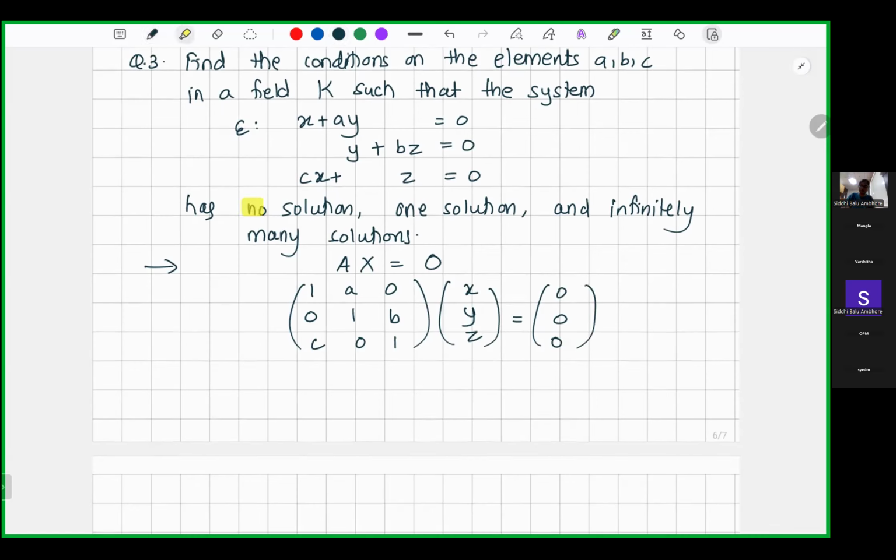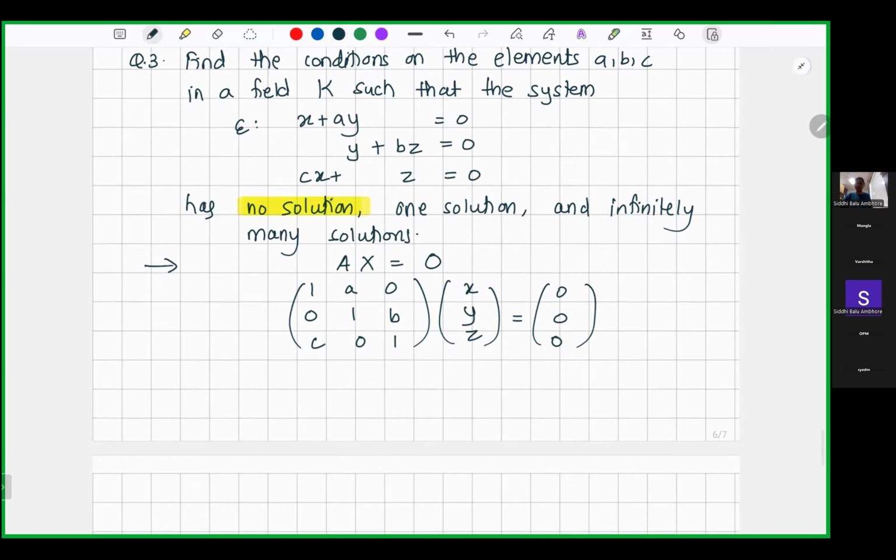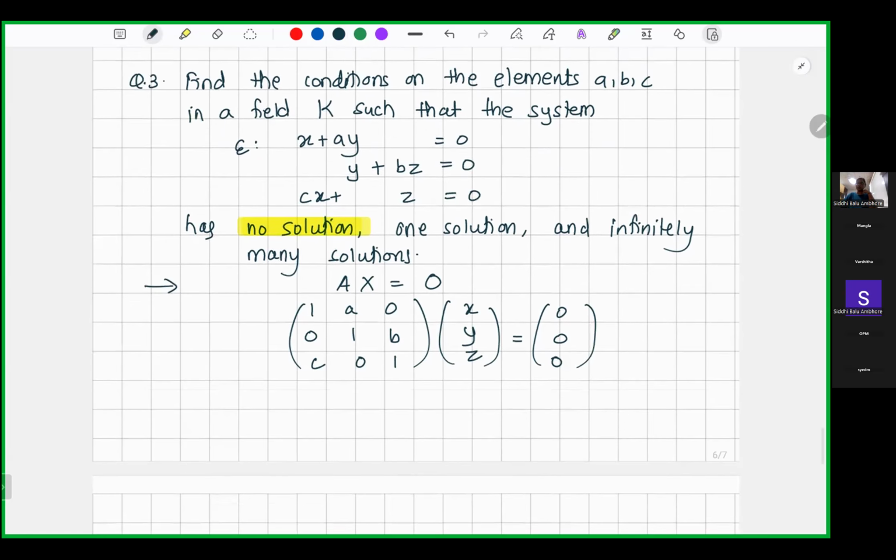The first one. This is a homogeneous system of equations. So when can we say that the system will not have a solution? Is it possible that the system will not have a solution?